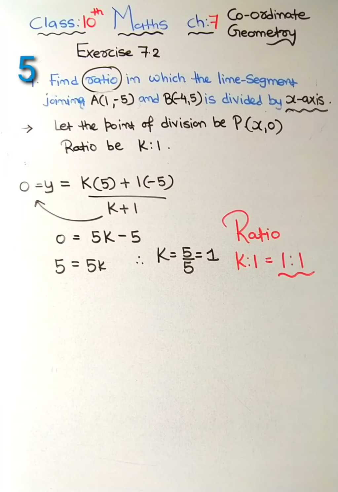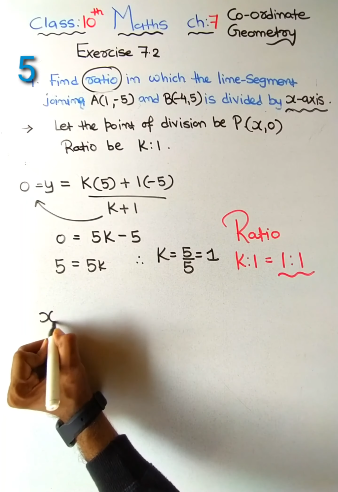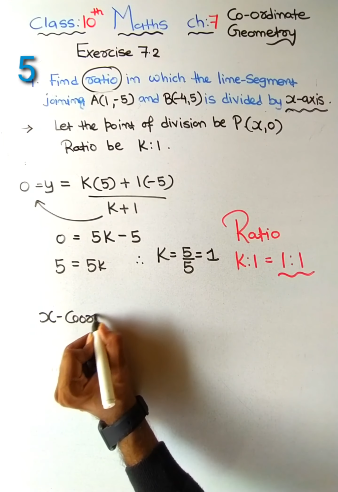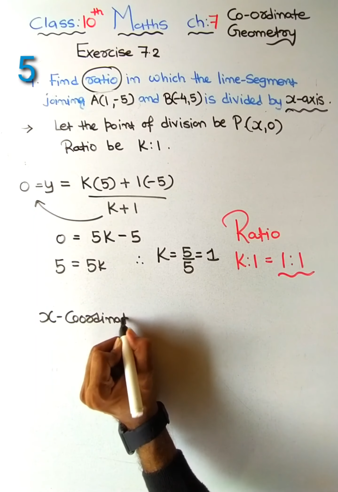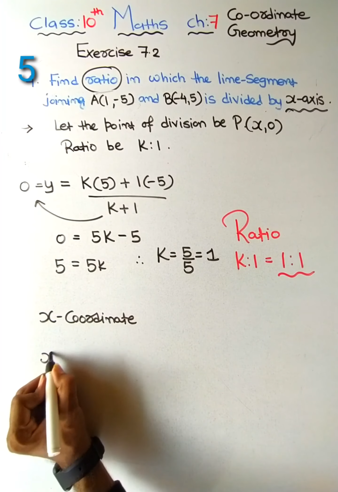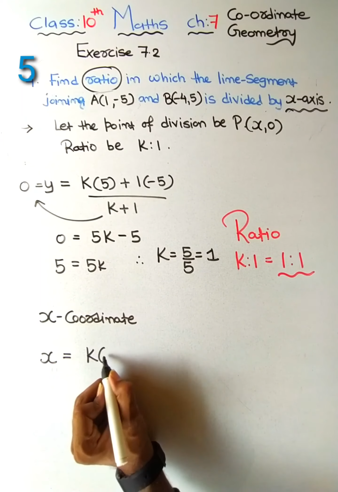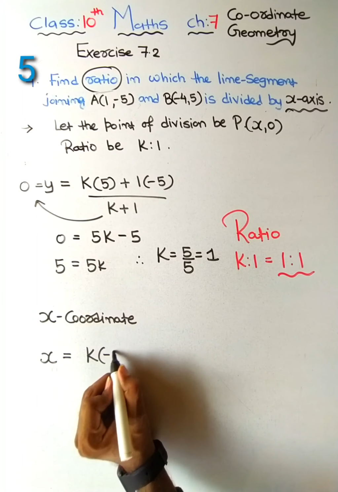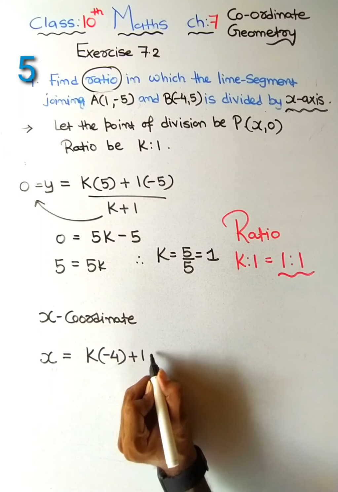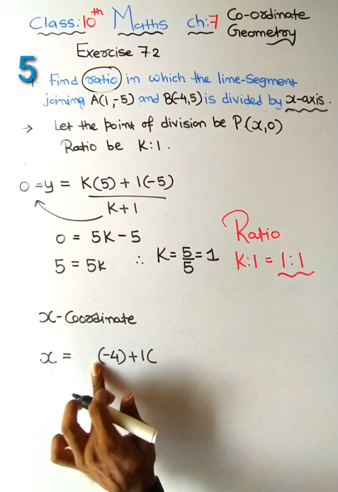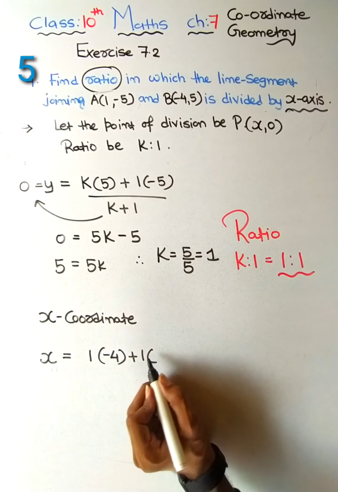Clear? Now there is another question that is asked, find the coordinates of the point P. It will have only x coordinate, right? So putting the x coordinate section formula, k into x2, that is minus 4 plus 1 into x1, and also now we know the value of k, so we will put directly 1 over here.